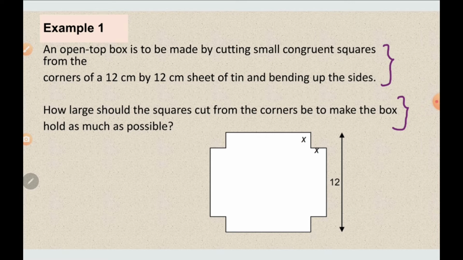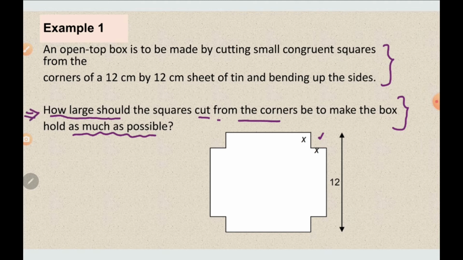Firstly, you need to understand that we want to create an open top box by cutting the small congruent squares at the corners, and we will bend up the sides. The question says, how large should the square cut from the corner be to make the box hold as much as possible?